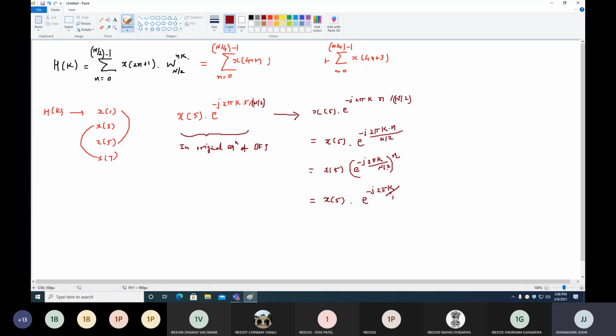So instead of n by 2, if I wish to put n by 4, then I need to raise this power to how much? n by 2, 2, yes. 2 into 2 is 4.